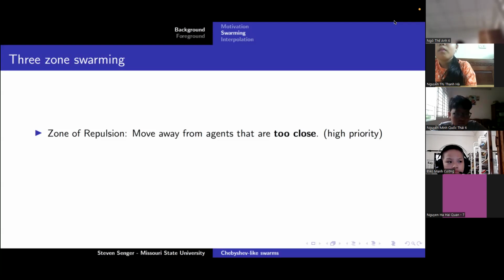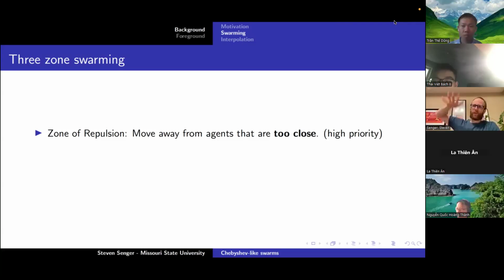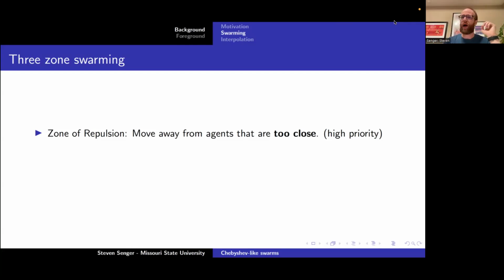So the highest priority is that agents are going to move away from each other if they get too close. Imagine 2 remote control robot cars moving at high speeds and they get close to each other; you want them to not run into each other and then stop working. So the most important thing, the highest priority, is that agents move away from other agents that they are too close to. I'm going to call this the zone of repulsion.